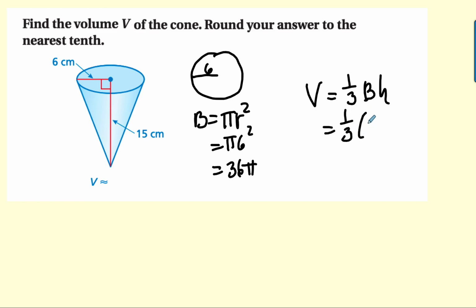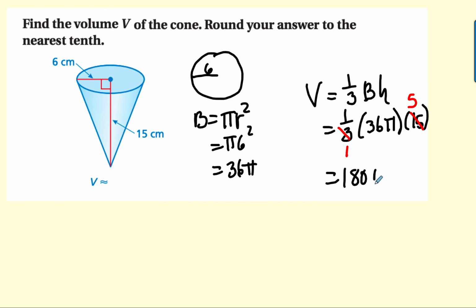The area of the base is 36 pi, and the height is 15. Let's go ahead and reduce. 3 goes into here once, 3 goes into 15 5 times. I could have reduced with the 36. It doesn't matter where you reduce. And so this answer is going to be 180 pi.